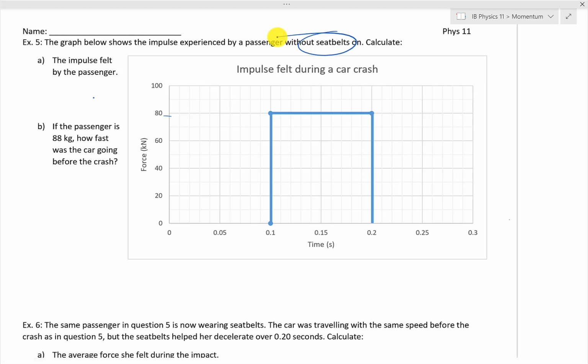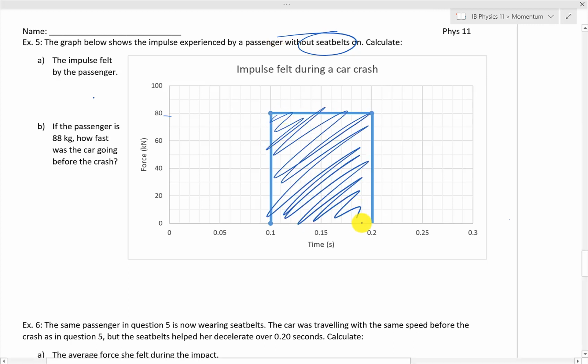And we just learned above that the impulse on a force-time graph is the area underneath this graph, so between this graph line and the x-axis right there. The area of a regular rectangle is your length times your width, in which I'm going to use a length here as 80. Oh, but wait. It's not just 80 newtons. It's 80 kilonewtons.